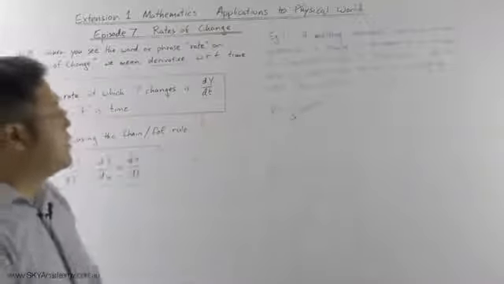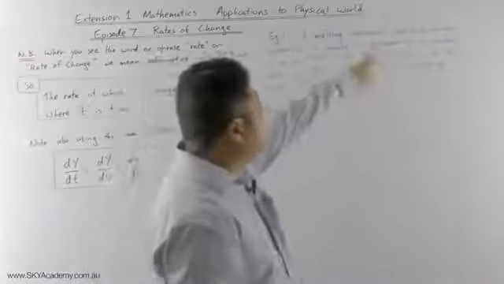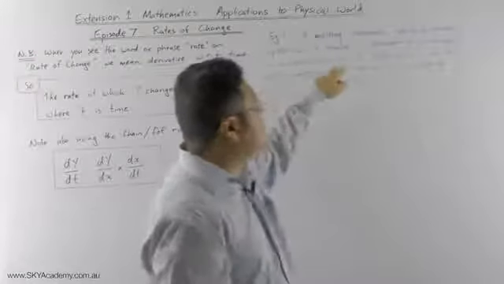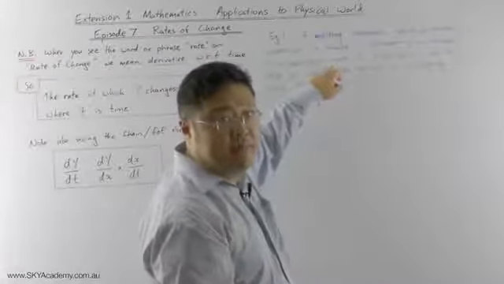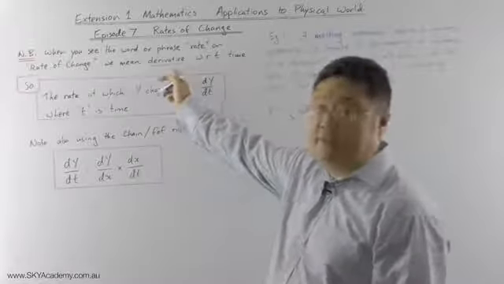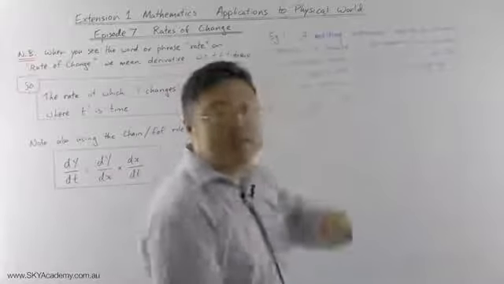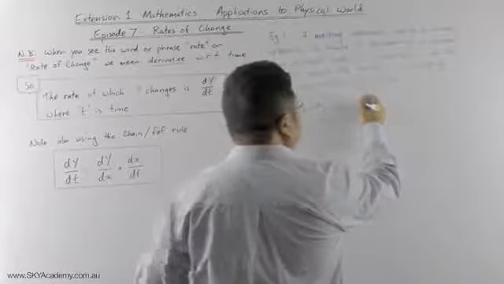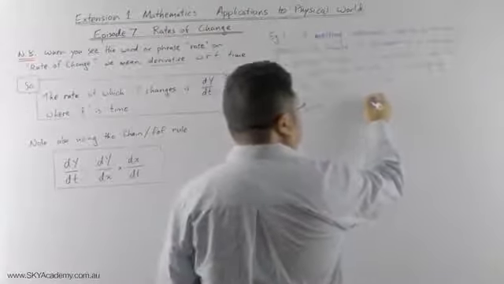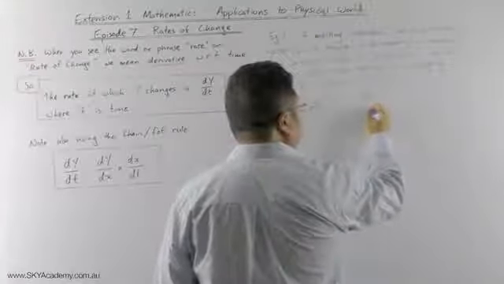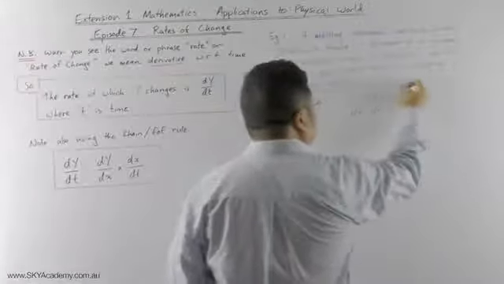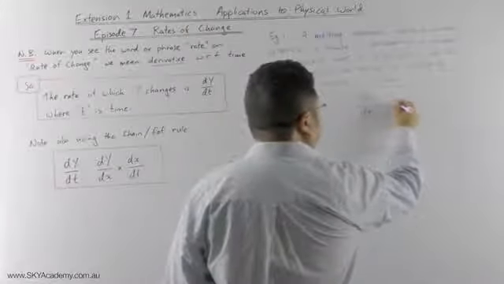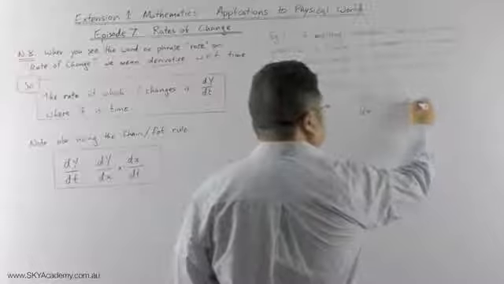Let's look at the next bit, okay? We're told that it's decreasing in volume at a constant rate, right? So what does rate mean? Rate means derivative, of 8 cubic centimeters per minute. So we're told that the rate of change of volume with respect to time, dV/dt, is going to be a constant rate of 8 cubic centimeters per minute.